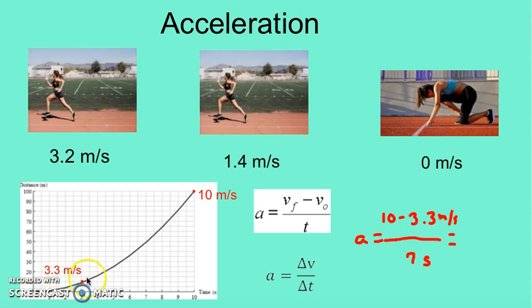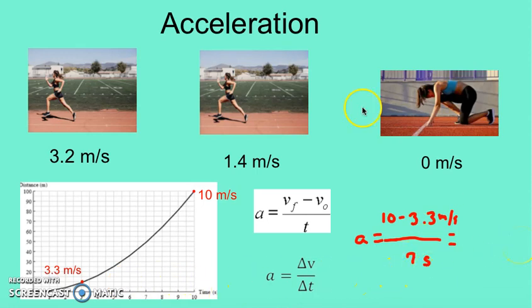We could have picked 0, we could have picked 5, but we have a different rate of acceleration throughout all of these. So I decided just to pick here for the sake of our calculation. So we had 10 meters per second minus 3.3 meters per second over the change in time, which in this case we went from 3 to 10, so that is a total of 7 seconds.